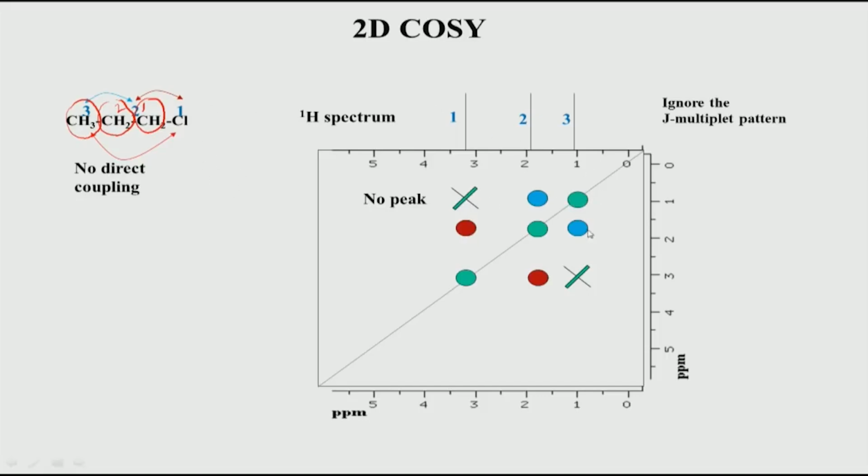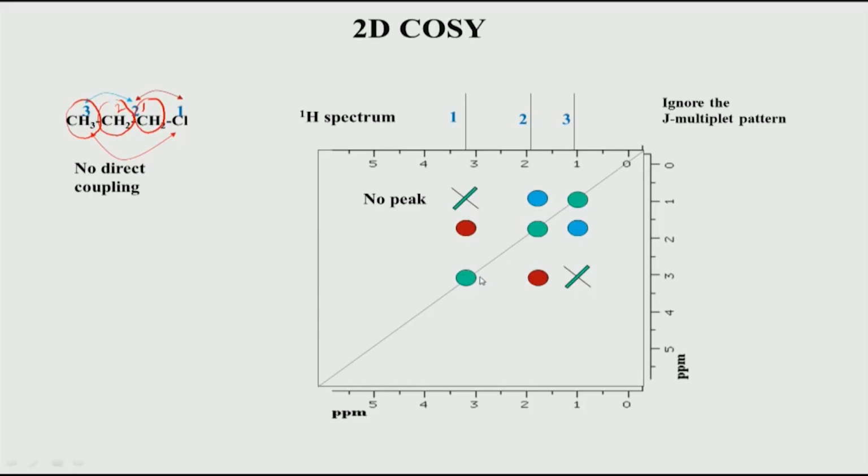Similarly, from here you will not get a 3 to 1 connection, so this portion will be empty. The only peaks you will get are the red cross peaks, the green diagonal peaks and the blue cross peaks. This is how the 2D homonuclear COSY, one of the simplest experiments, helps you figure out the coupling patterns in a molecule.